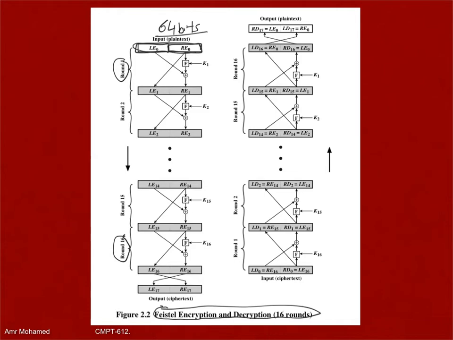So the right element of i equals the left element of i minus 1 XORed with the function F of K i and the right element of i minus 1.